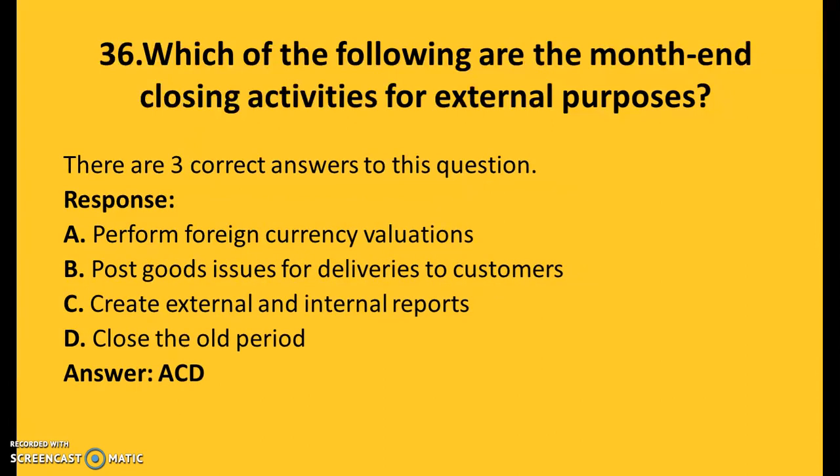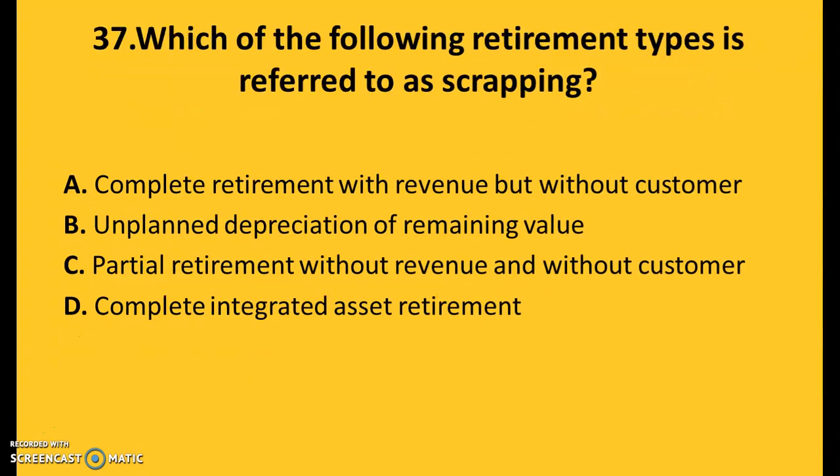Answers are A, C, and D: perform foreign currency valuation, create external and internal reports, close the old period. So these are the three things that we have for which of the following are month-end closing activities.